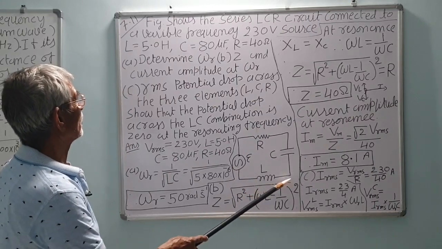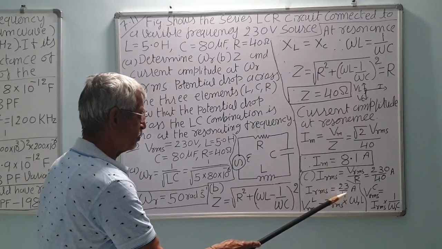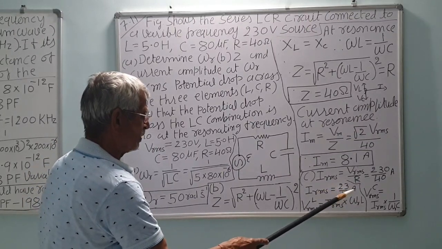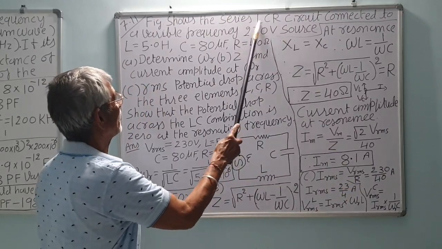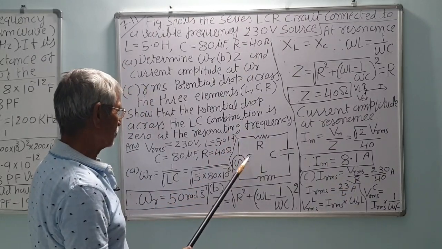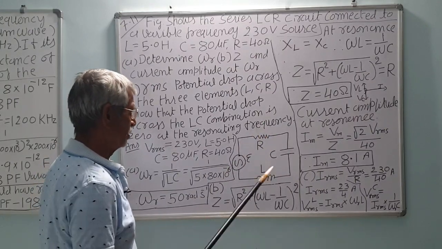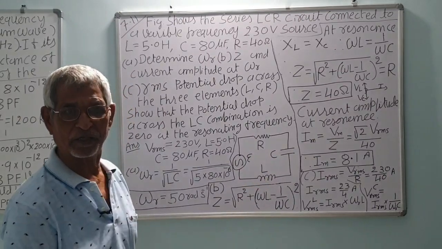So the voltage will appear only across this resistance, and that is 23 upon 4 into 40. What is the answer? The 4 will cancel, the 10 into 23, that is 230, whatever we applied from the source. So the source voltage 230 will appear across the resistance. These other voltages will appear, but they are out of phase, they will cancel, they add to 0.